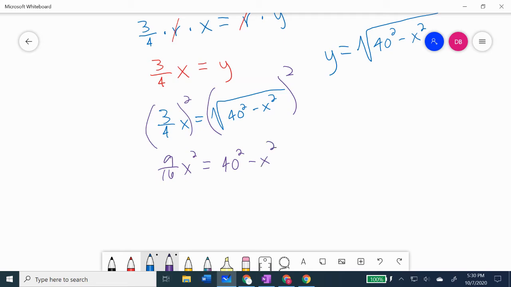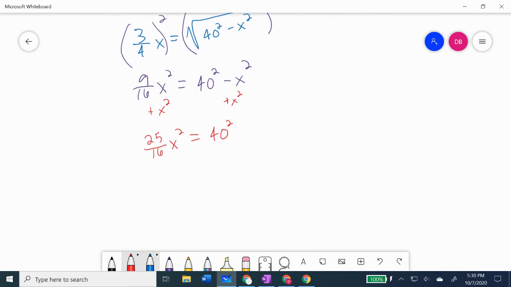And now I can add an x squared to both sides. So I'm adding 16 plus 9 to give me 25. So I've got 25/16 times x squared is equal to 40 squared. And now I'm going to multiply by the reciprocal. I'm just leaving that as 40 squared multiplied by 16 over 25.